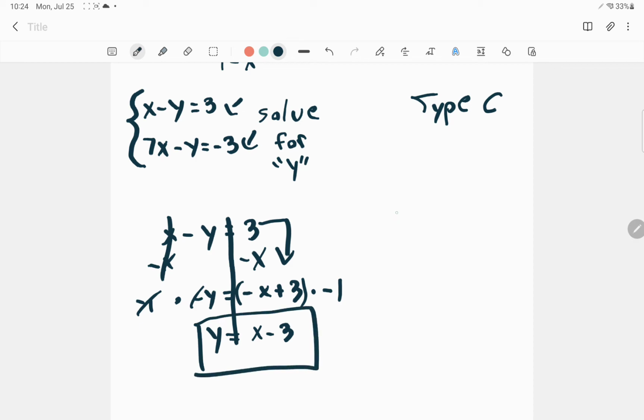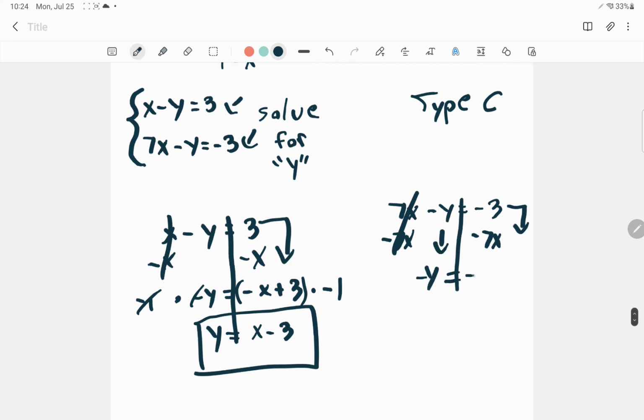Now let's do the second one. Same thing. You're going to write it out. You always move your x first. So in this case, it's going to be negative 7x, right? On both sides, negative 7x. But remember, the 3 goes right next to it. Those two cancel out. I'm going to bring down whatever's left. Negative y is equal to negative 7x. And remember, this time we have a negative 3, so we're going to have to put the negative.